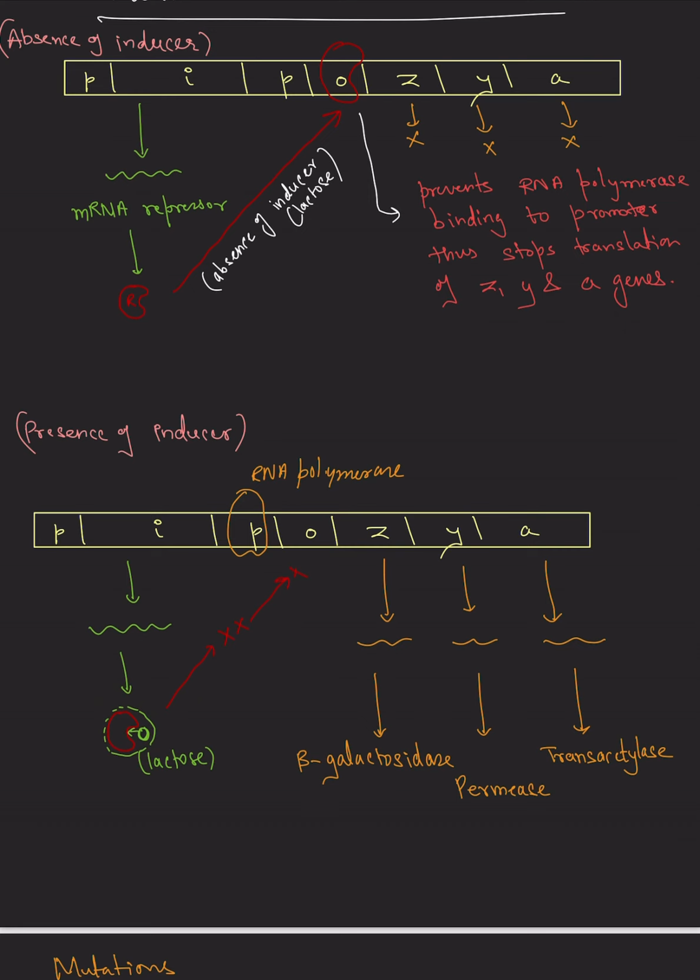This will further allow the DNA dependent RNA polymerase to bind to the promoter region, and it slides and reads all the codes in the structural genes, that is in ZYA, and they are going to be transcribed and then translated into their respective products, that is beta galactosidase, permease and transacetylase. So this happens in the Lac Operon in the presence or absence of the inducer.